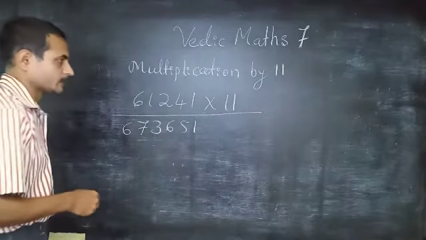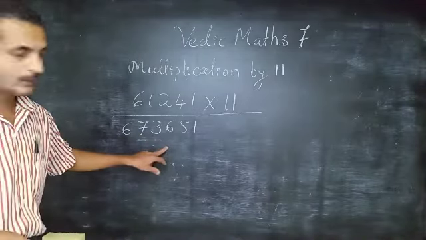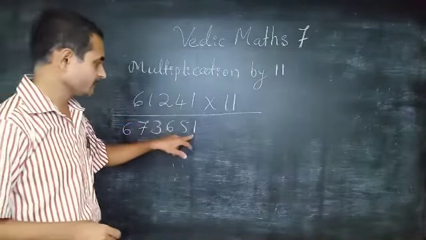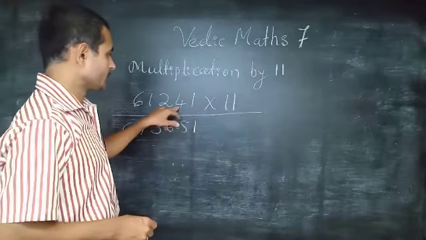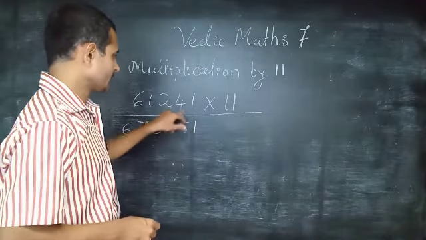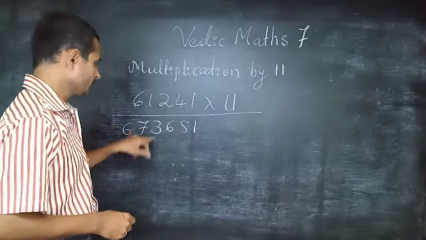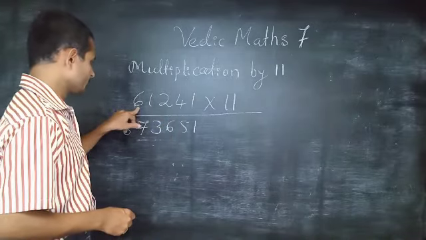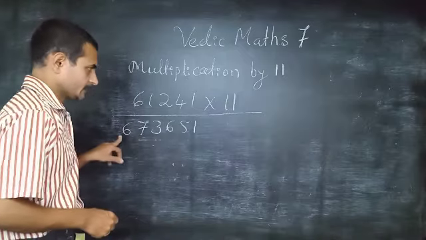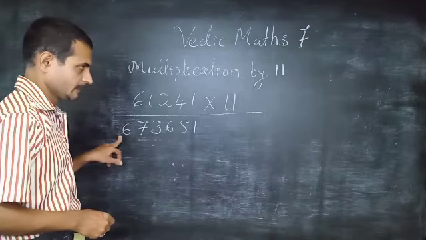This is the answer without multiplication. How? Take this, then 1 plus 4, then 4 plus 2, then 2 plus 1, then 1 plus 6, and 6 as it is.